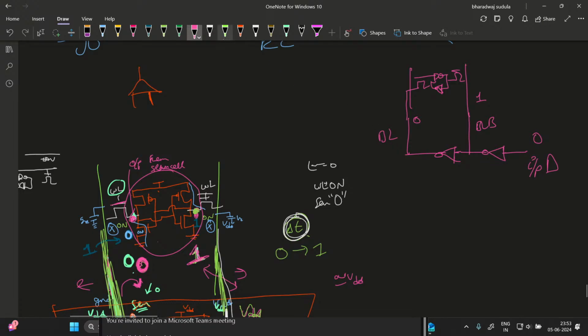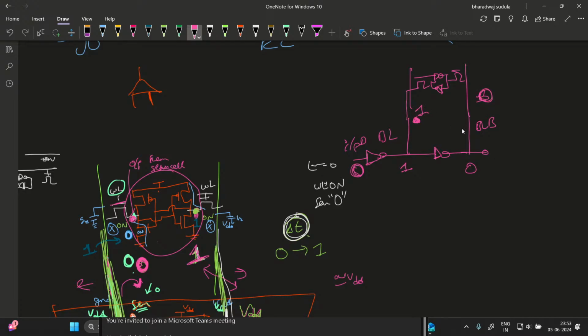Let's say I have drawn it like this, and my input is here. If my input is 0, this will be 1, this will be 0. This wouldn't have been 0, it will be 1.